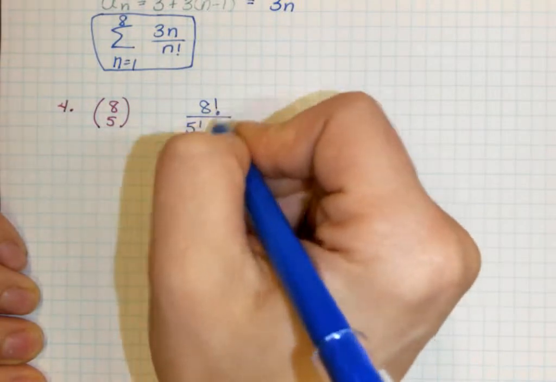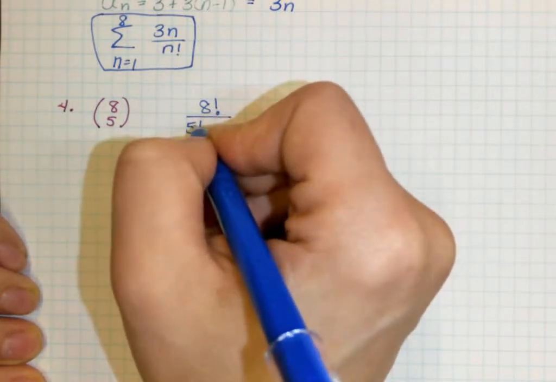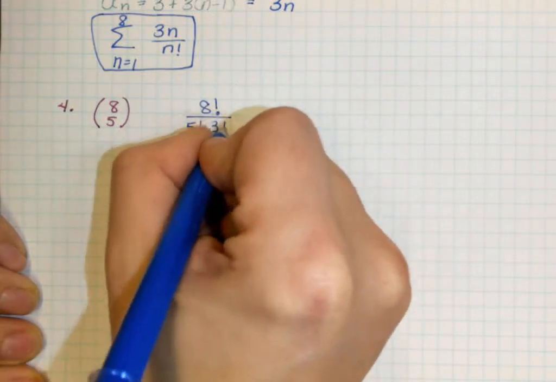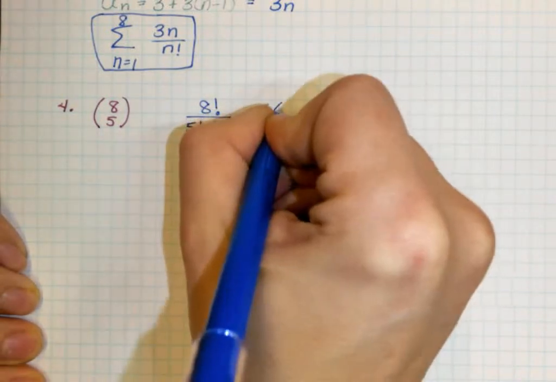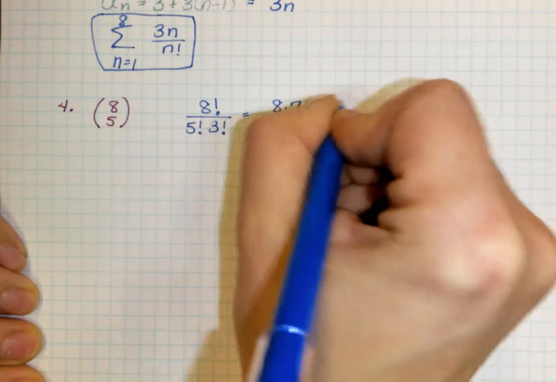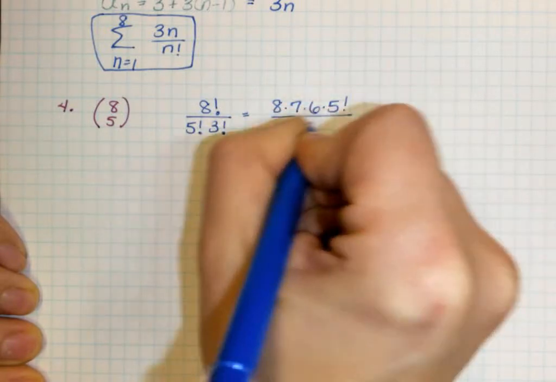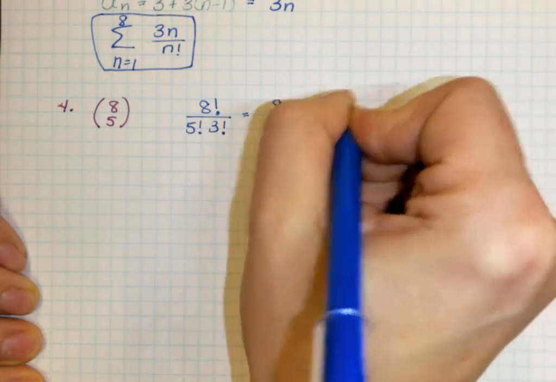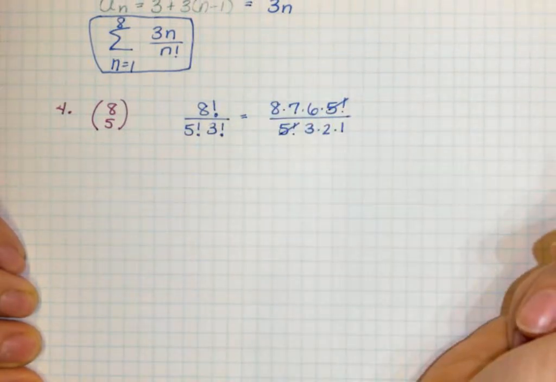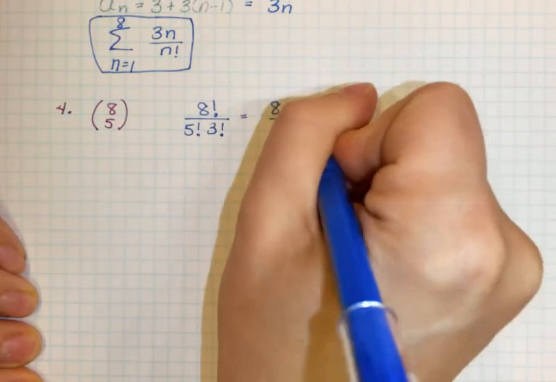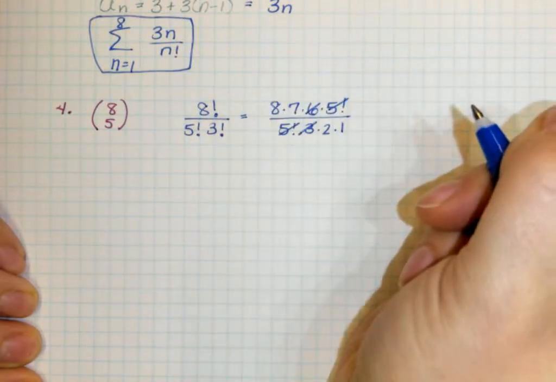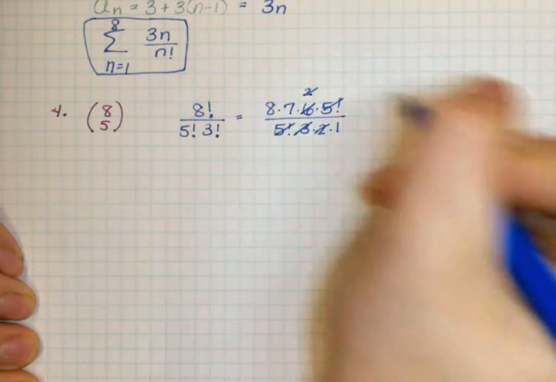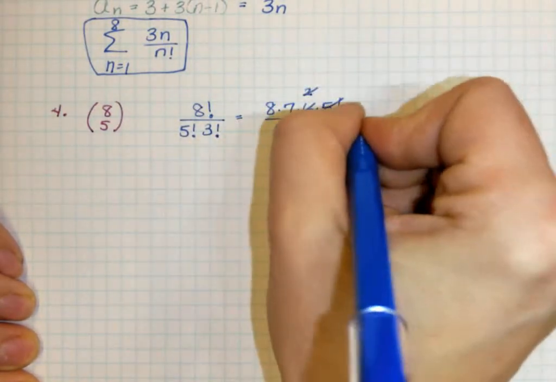What is the difference between 5 and 8? 3. So this is 8, 7, 6, 5 factorial over 3, 2, 1. The 5 factorials cancel out. 3 goes into 6 how many times? 2. And I'm going to go ahead and cancel that 2 out also. And 8 times 7 is?